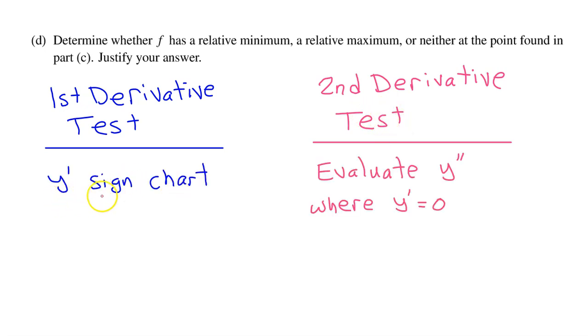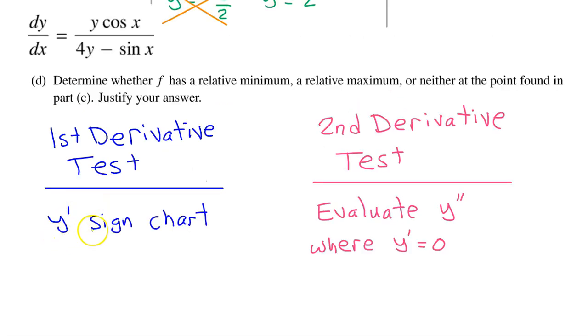For the first derivative test, we make a y prime sign chart and look for sign changes. For the second derivative test, we evaluate y double prime at the places where y prime is equal to 0, in other words, at the locations of horizontal tangent lines. But only one of these will work in this particular situation.